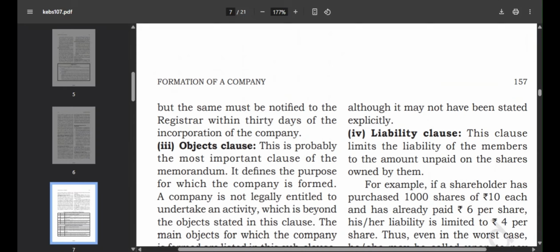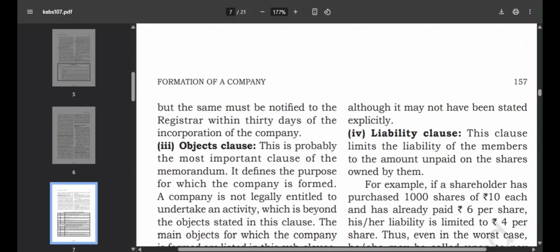Your third clause is your objects clause. The objects clause is one of the most important clauses of the memorandum. Why? Because it defines the purpose of the company. If you don't know the purpose of the company, then there is no use of having a company.